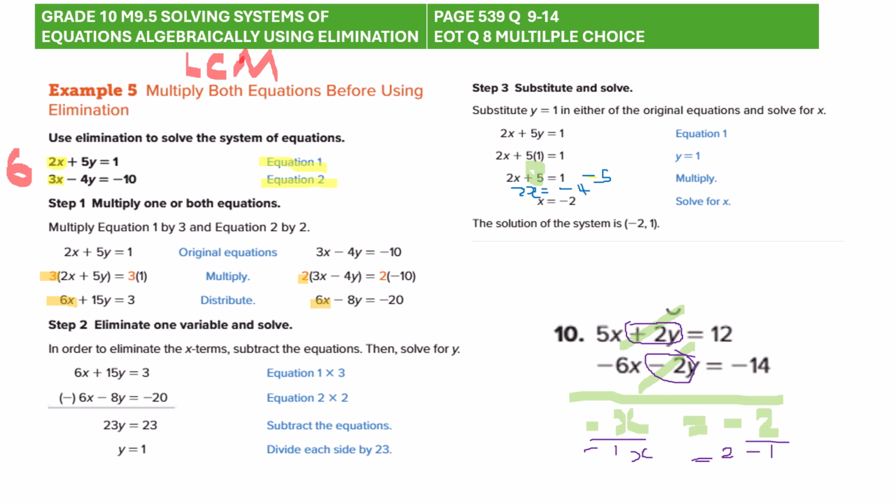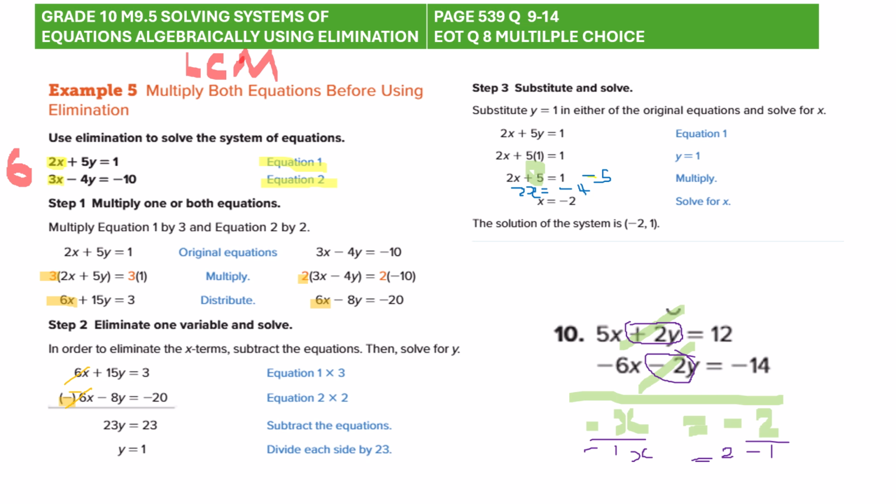Because both are positive, you subtract. The rule for subtraction is you change the sign of the second equation and add. So positive 6x will now become negative 6x, thus allowing us to cancel both these variables.